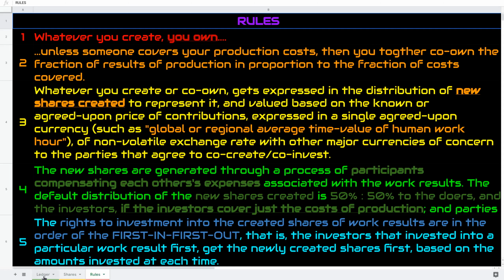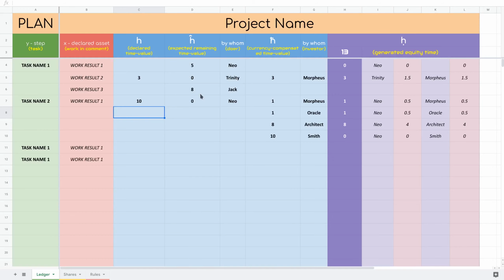Actually, yeah, these are the rules of the game of this kind of investment. And while I just use the time value, you can use any currency here that the people agree on. It can be dollars, it can be yen, and so on, but I would suggest using just the hour, because the hour has a very good, clear exchange rate.